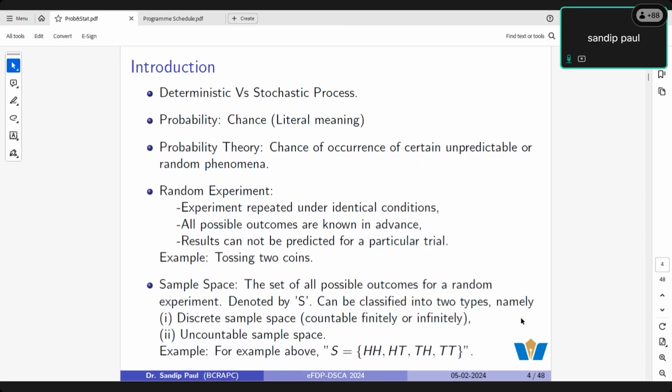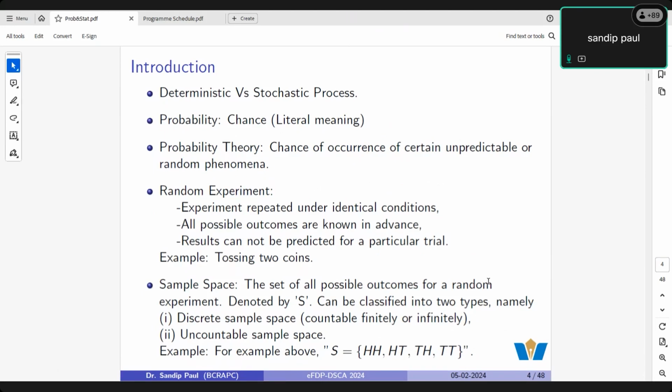Now there are two types of sample spaces. Here in this example, you can see four possible outcomes can be defined clearly, and they are called discrete sample spaces. But suppose the outcomes are not defined clearly.